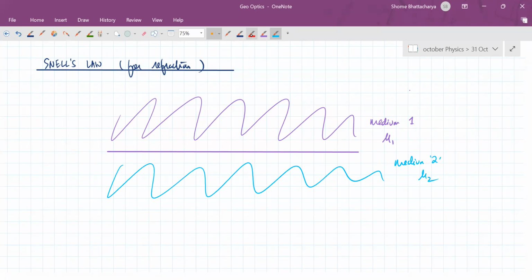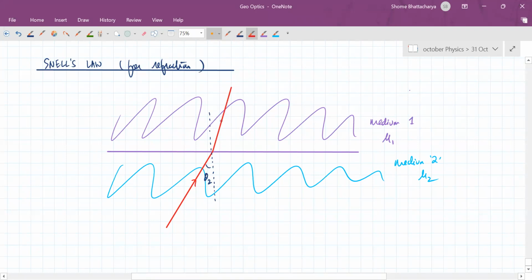So if we have light incident from one medium to another, then once again, at the point of incidence, we draw a normal to the surface bounding the two media. The angle made by the incident ray, we'll call it theta2 because it is in medium 2. Now it will tend to bend depending on the refractive indices. I'm assuming it's going to bend like this because I'm assuming that medium 1 is denser than medium 2.